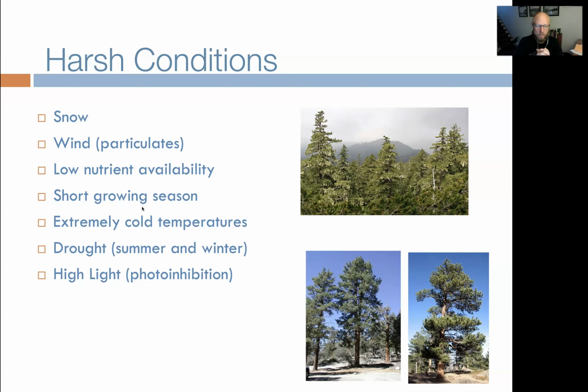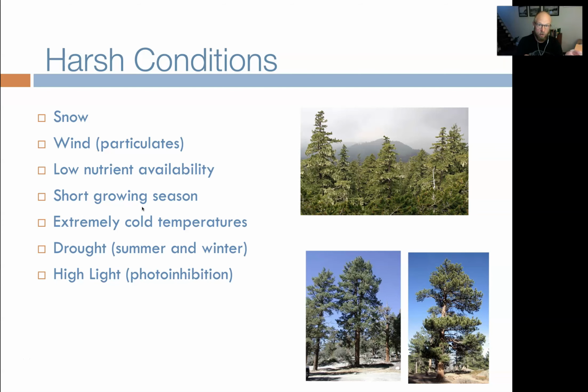When we think of environmental stress conditions, this isn't everything, but it's a pretty good list of how the environment might be harsh for a plant to grow. Places with lots of snow and wind can be harsh to the leaves growing on trees. Low nutrient availability certainly limits plant growth.